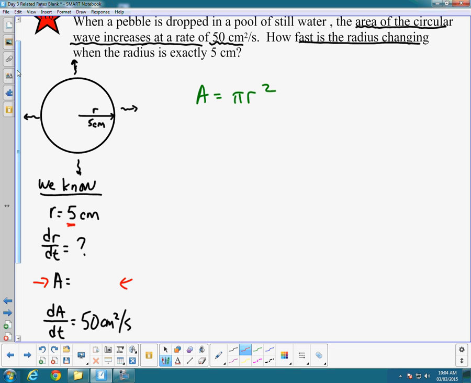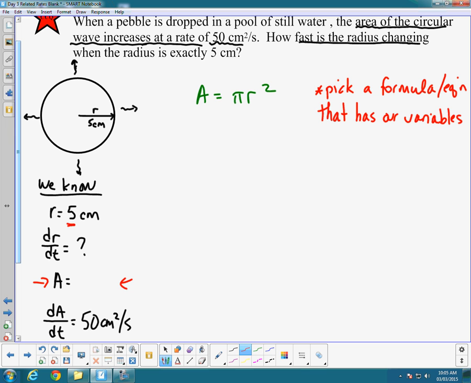So you'll need to pick a formula or an equation or whatever that has our variables. So this was easy because the question had area in it and it asked about the radius. So I'm going to use the area formula for a circle.